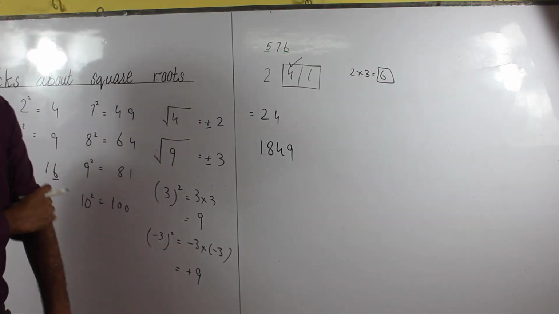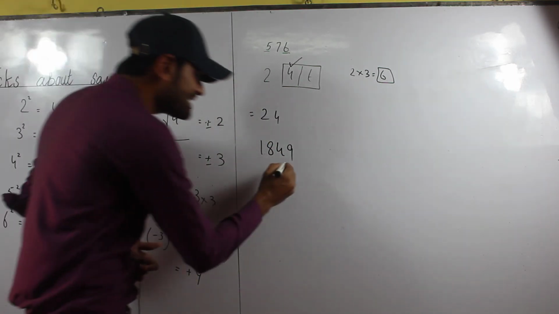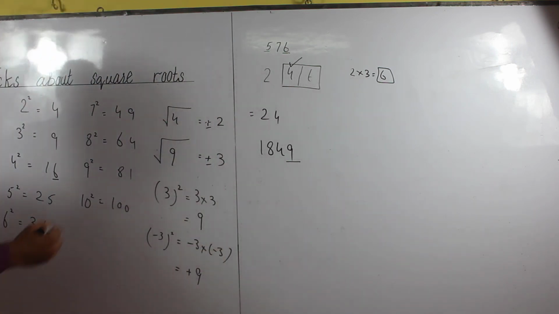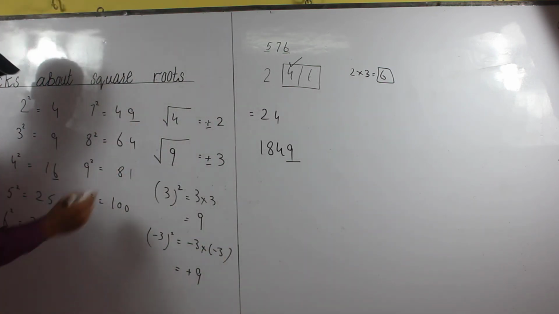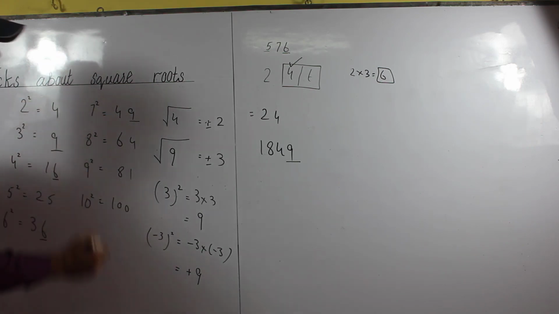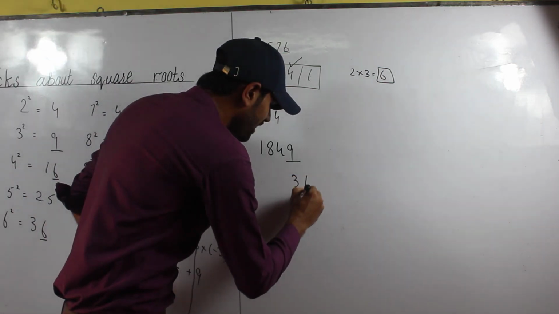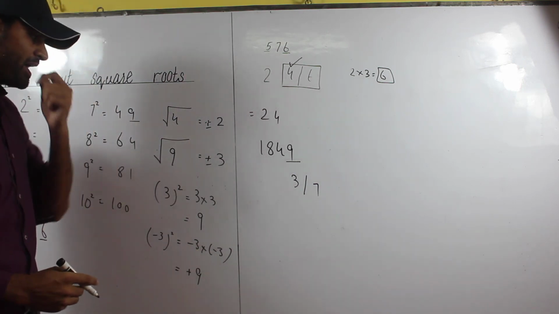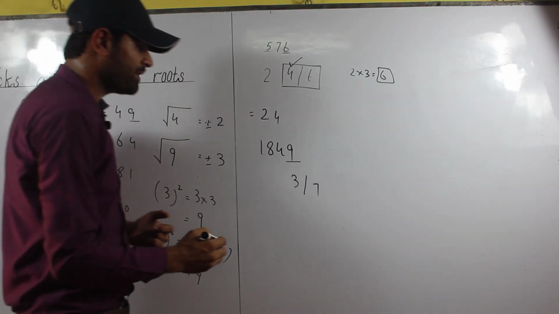Again I check the last digit, that is 9, and the squares ending with 9 are the square of 7, which is 49, and of 3. So here it may be 3 or 7, but at that time I cannot confirm.